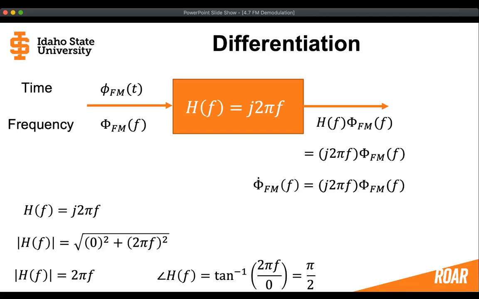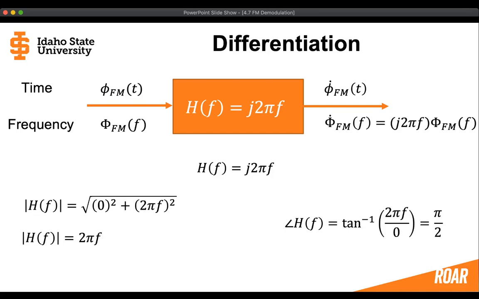Now, what does the frequency response of this transfer function look like? Let's consider the relationships at the bottom, and we can see that the magnitude response is going to be equal to 2 pi f, so some constantly increasing function as frequency goes up, and the angle is going to be constant at pi halves.